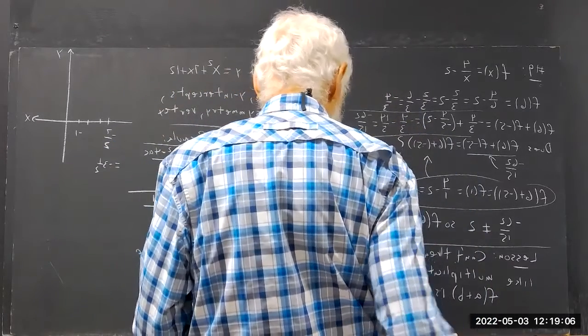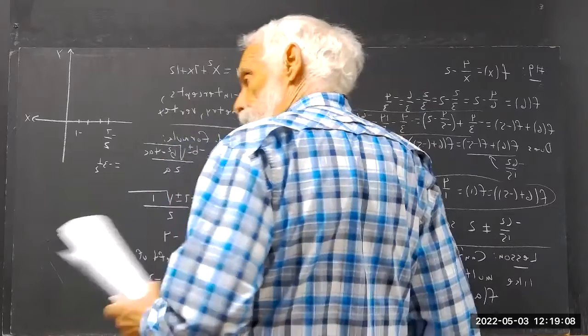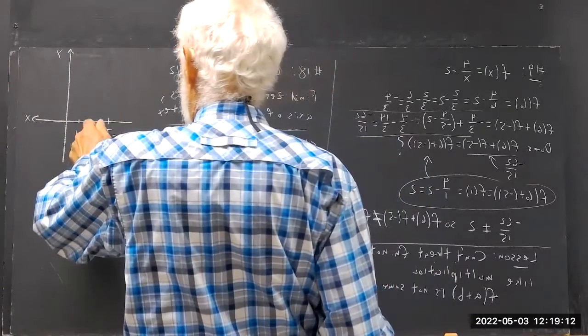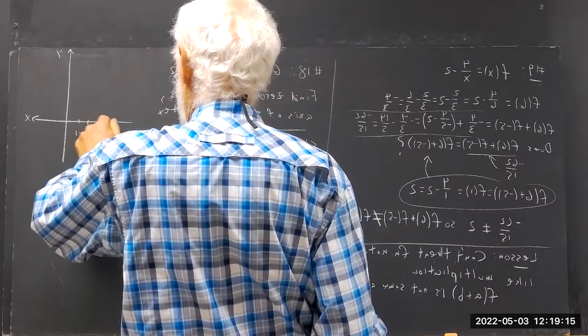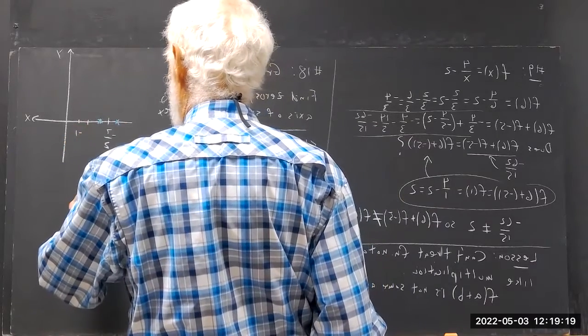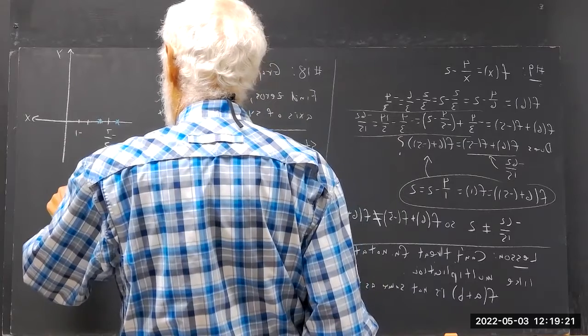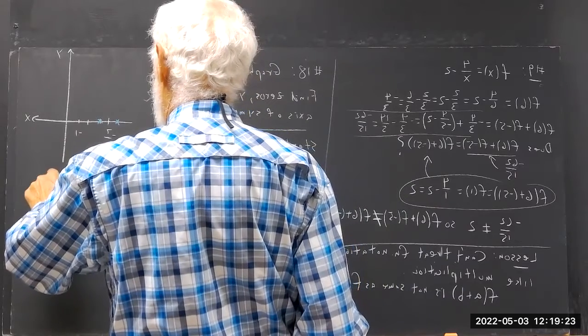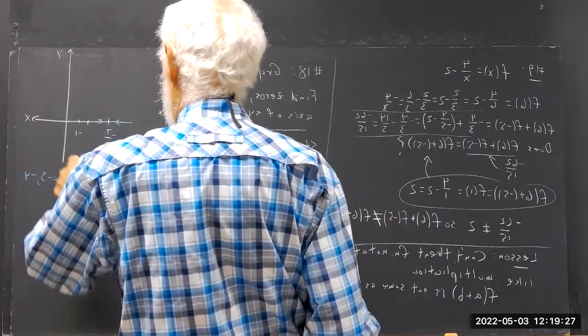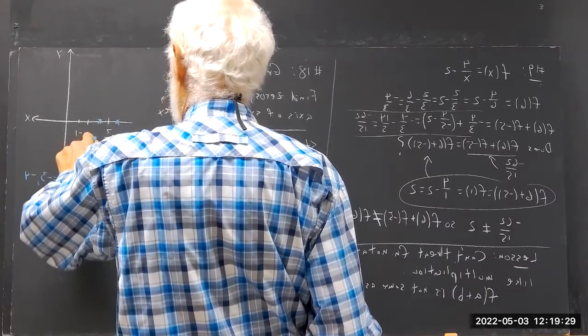And now my zeros are at negative 3 and negative 4. My zeros.